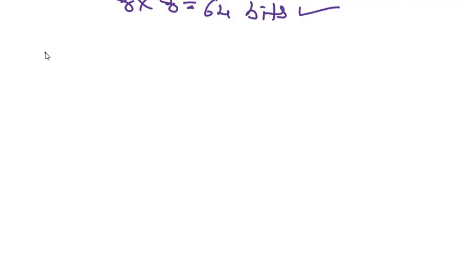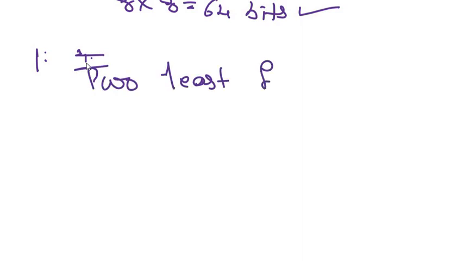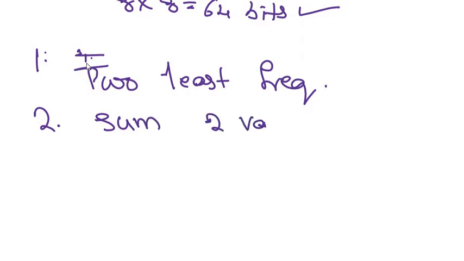In Huffman coding, the rule is that first we have to identify the two least frequency values. The second step is to add, that is sum, the two values, which will form an internal node.